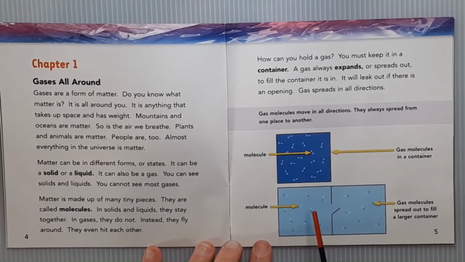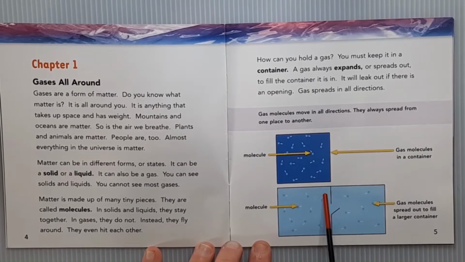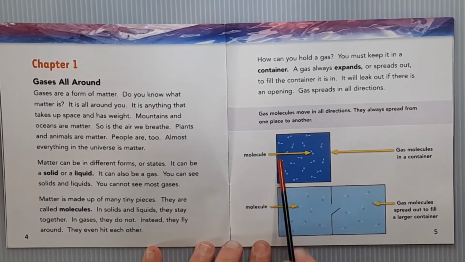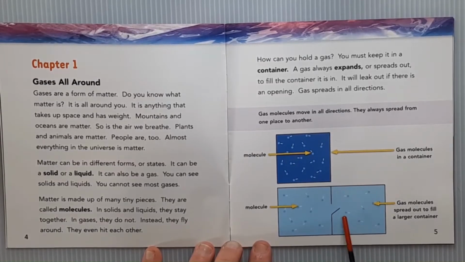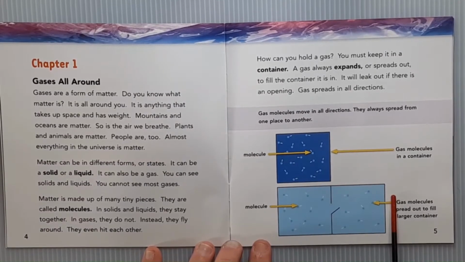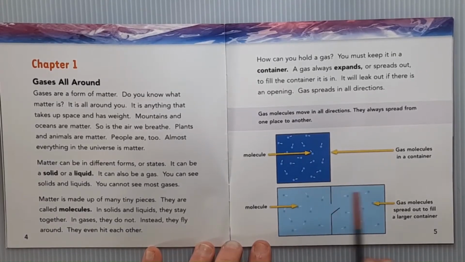And what you'll notice is that there's fewer dots in this one side of this container than there were in the original container of the same size. And they spread out evenly. There's about the same number of little blue dots on this side as there are on this side, because gases will expand to fit the container that they're in.